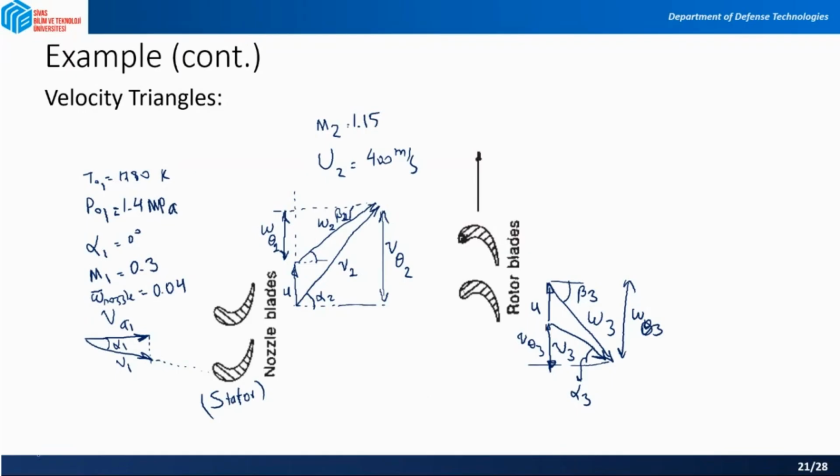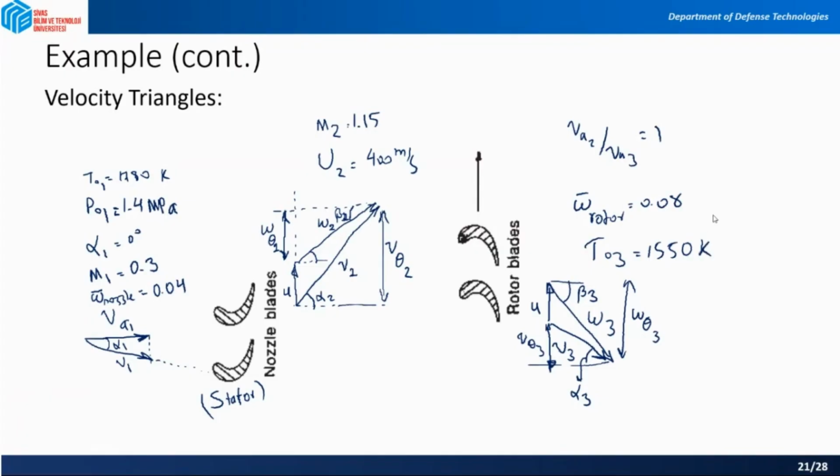Let me write it. It is W theta 3. And again, in here, the question said that V axial stays the same. The rotor loss coefficient is 8%, and the exit temperature is 1550 Kelvin.